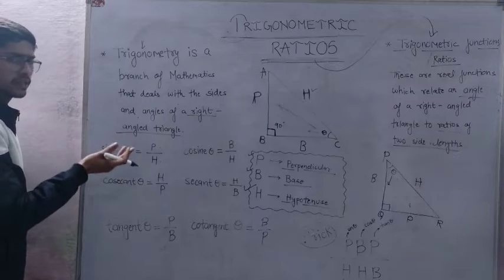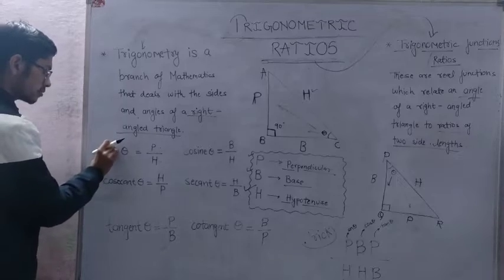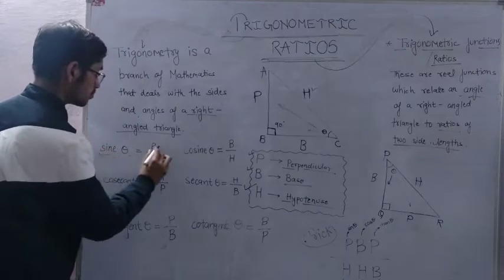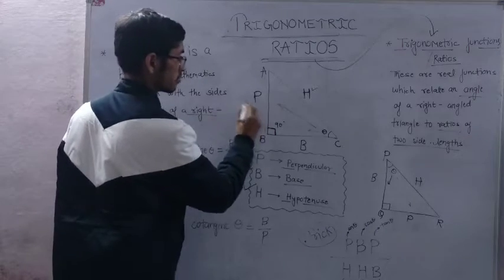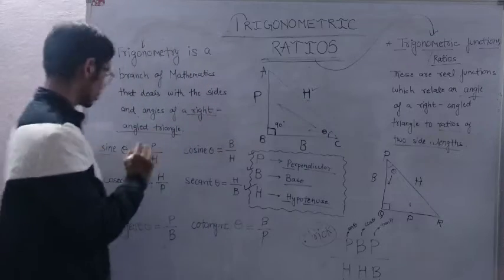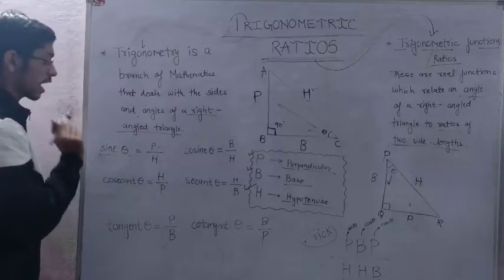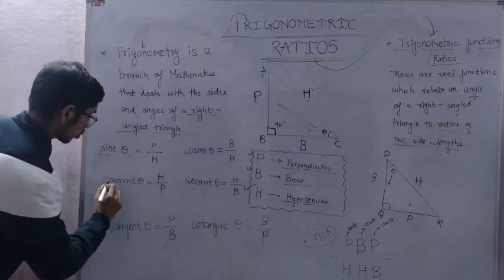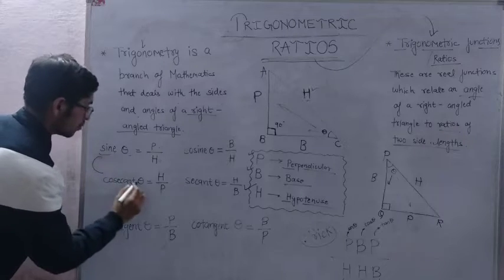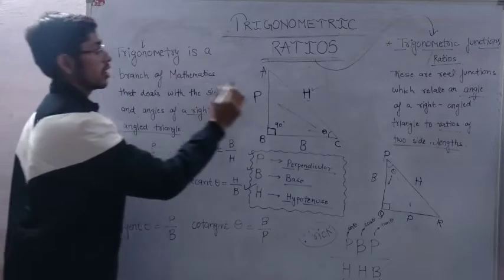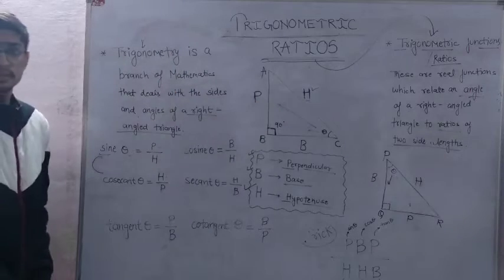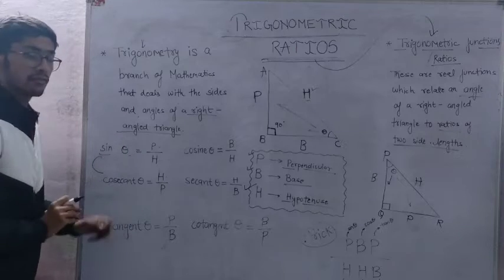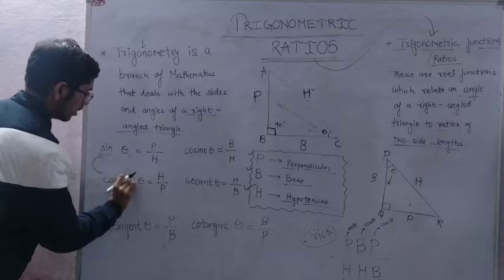So sine theta is perpendicular upon hypotenuse, and if we take the reciprocal, cosecant theta becomes hypotenuse upon perpendicular. In simple terms, we normally write sine theta as sin theta, and cosecant theta as cosec theta.